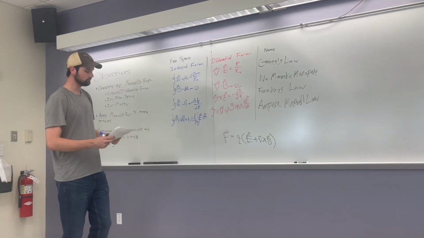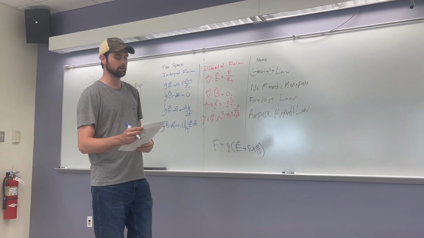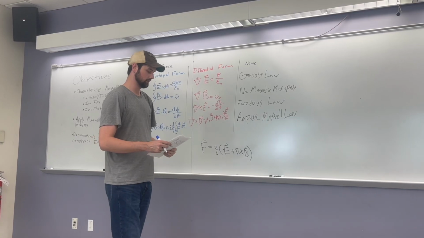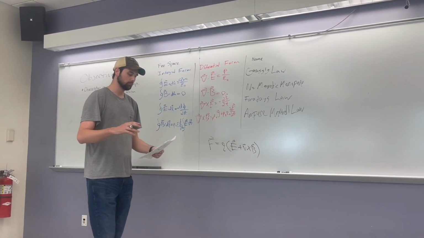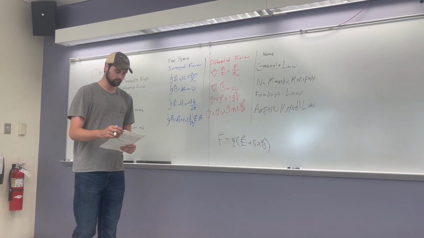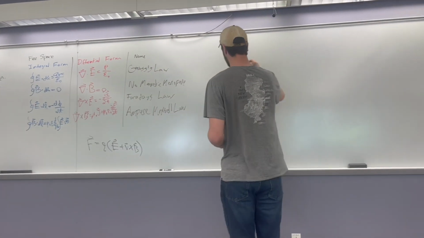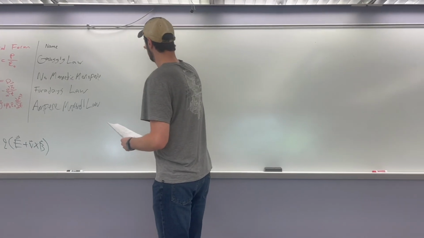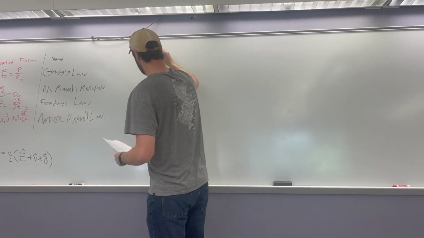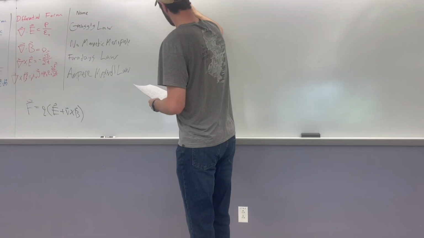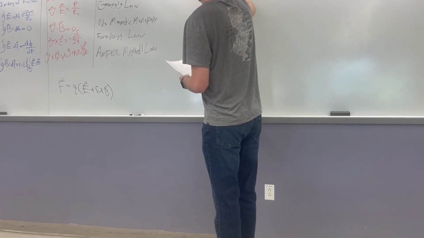So what we're going to do is study E and M waves in a vacuum. And to do that, we're going to set up two partial differential equations. And those are going to be as follows. So we're going to take, in free space, del dot E is equal to 0.